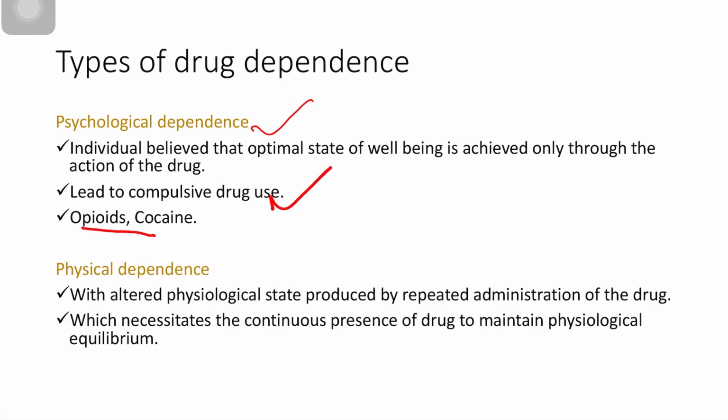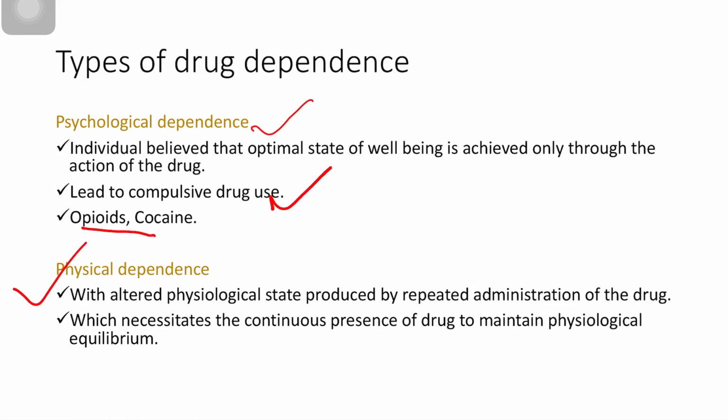Physical dependence means an altered physiological state because of repetitive administration of a drug. The physiological state gets altered, and because of that the drug is continuously needed in the body to maintain proper physiological function. If the drug is not in the body at a particular concentration, the body will produce physiological symptoms or changes.